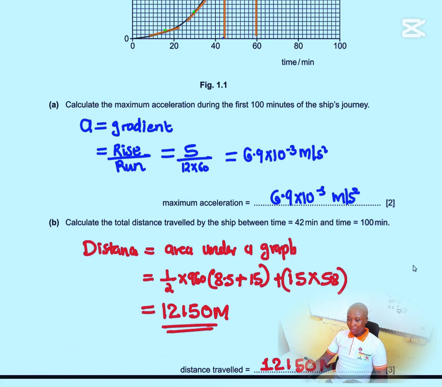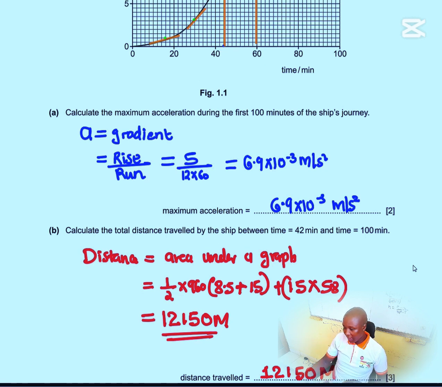And I mentioned that from a velocity time graph or this speed time graph, if you work out the area under the graph, it means that the area under the graph represents the distance covered. So don't use the formula that distance is speed times time in this part.